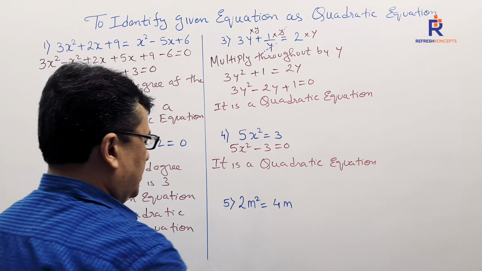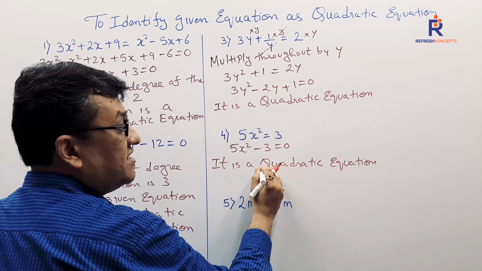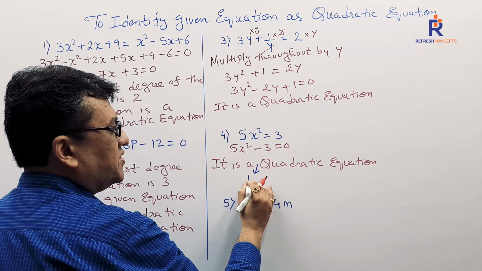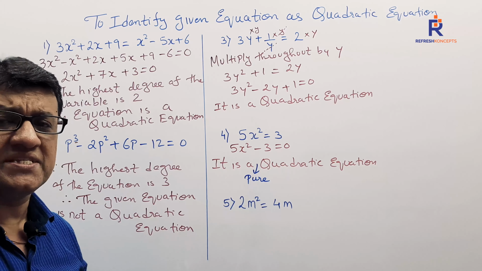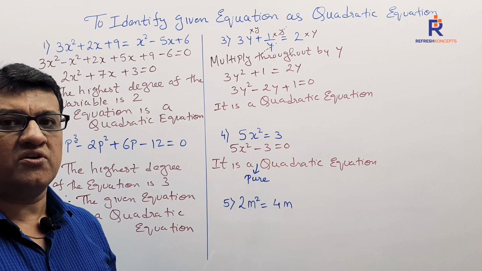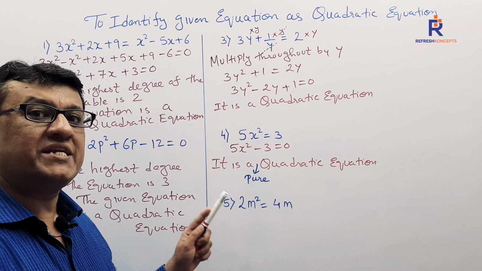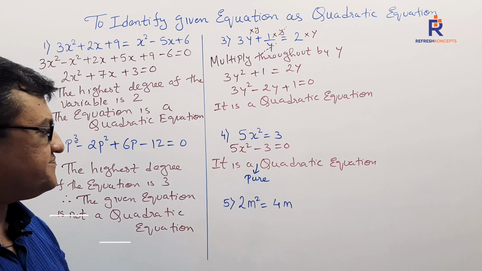Only for your knowledge, I shall write down what type of quadratic equation this is. It's a pure quadratic equation. Need not write this down as an answer. Mind you, whenever it is asked whether it's a quadratic equation or not, you're not supposed to write what type it belongs to. It's only for your knowledge since we have learnt the basics.